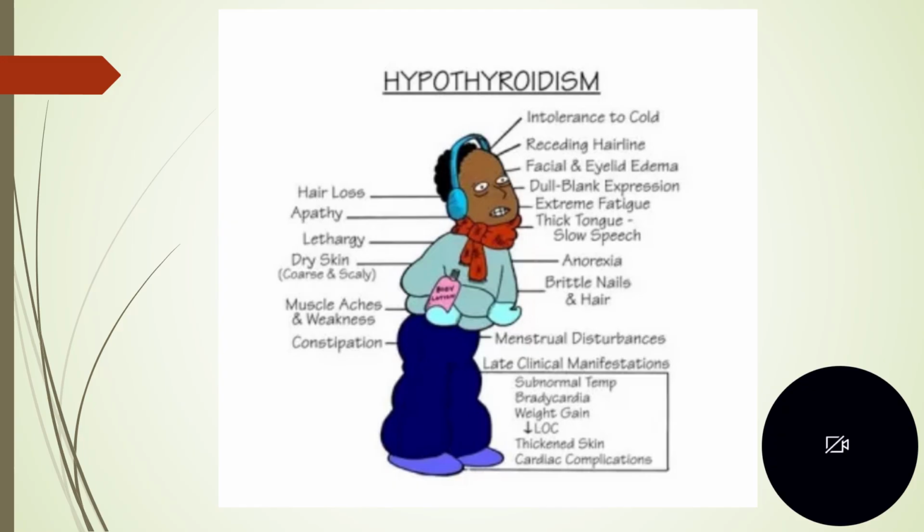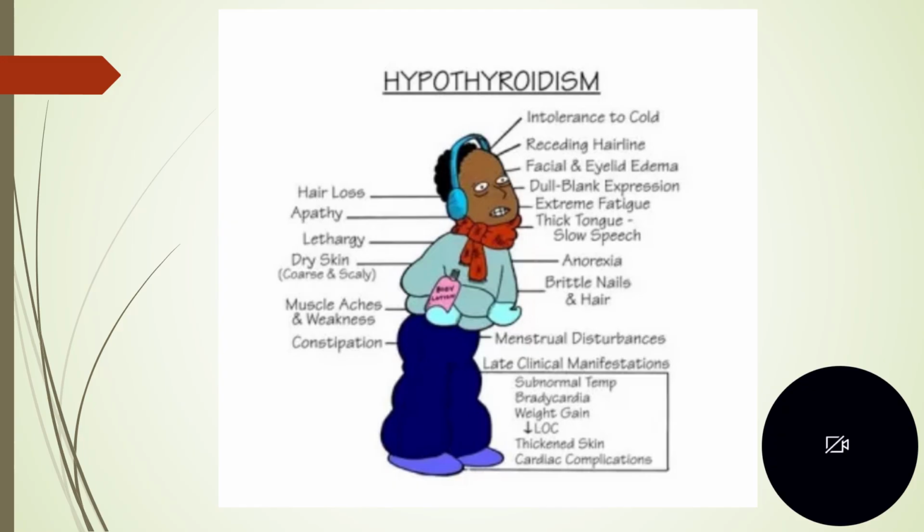And another thing just to be cognizant of, your thyroid stimulating hormone, what do you think that does? Man, y'all are good. So that is what it does. It stimulates your thyroid, and then your thyroid is what releases those hormones, right?